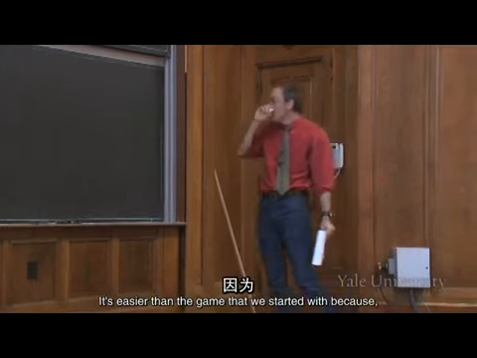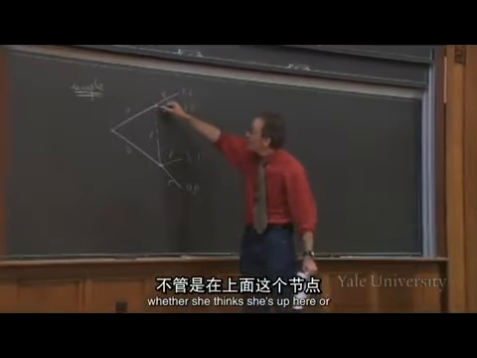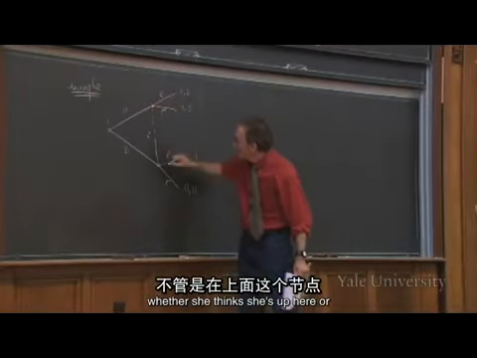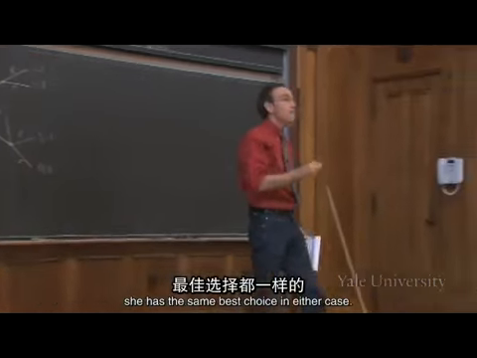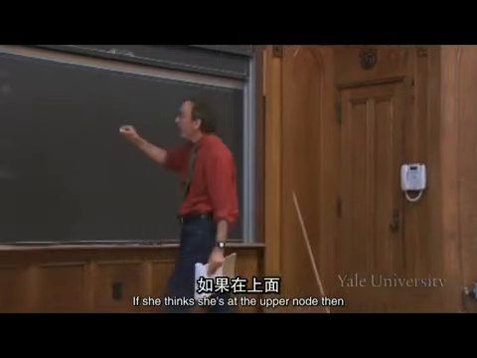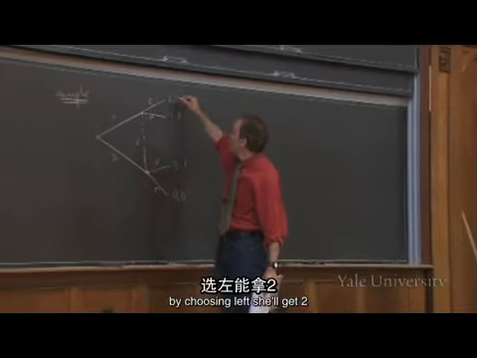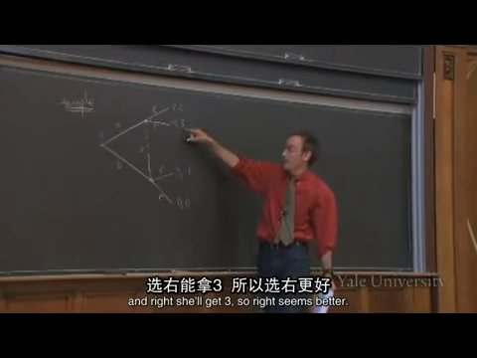It's easier than the game that we started with because from player 2's point of view, whether she thinks she's up here or whether she thinks she's down here, she has the same best choice in either case. If she thinks she's at the upper node, then by choosing left she'll get 2 and right she'll get 3, so right seems better.